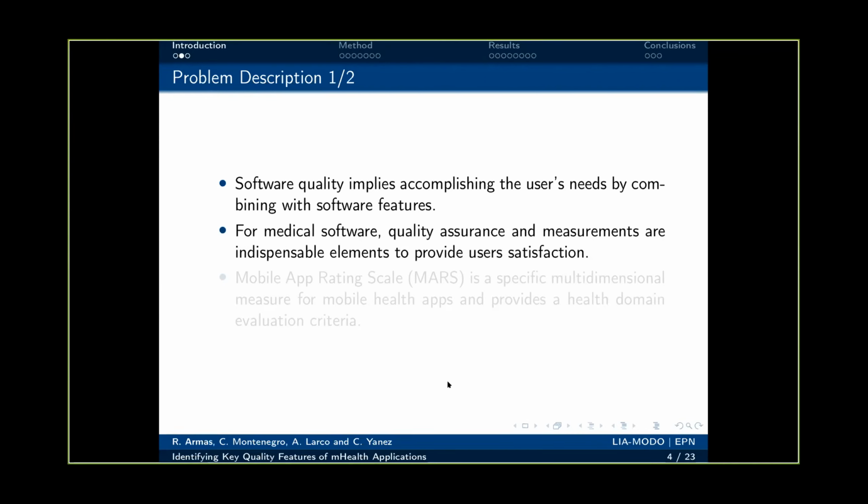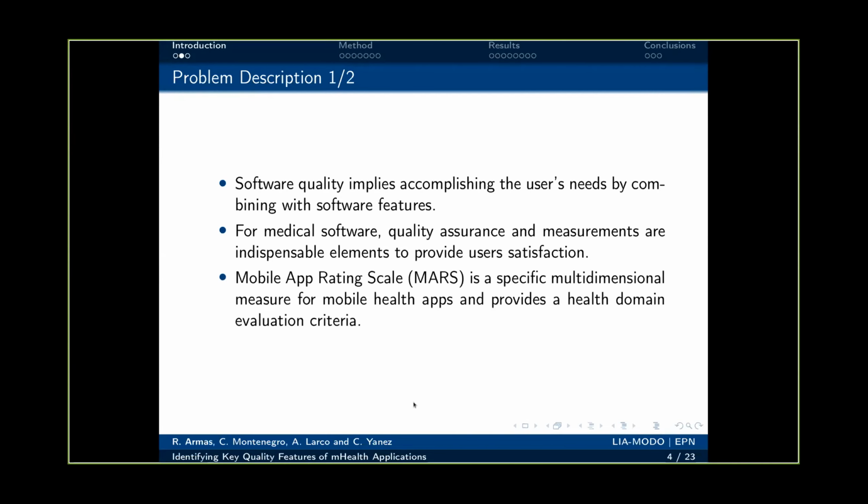For medical software, quality assurance and measurements are indispensable elements to provide user satisfaction. Mobile App Rating Scale, MARS, is a specific multidimensional measure for mobile health apps and provides health domain evaluation criteria.